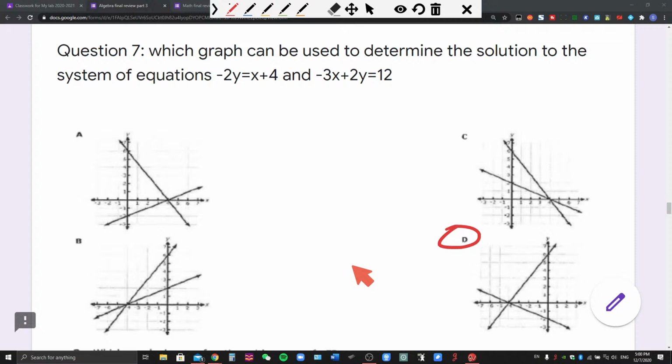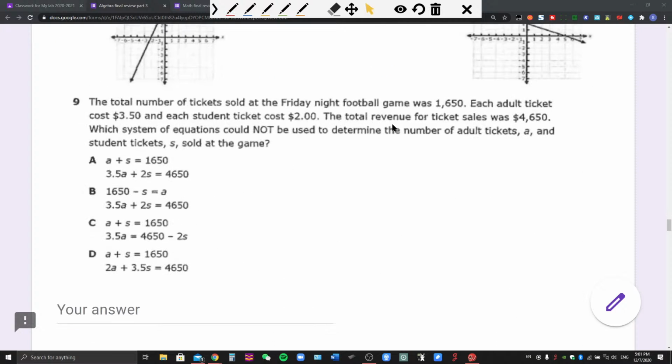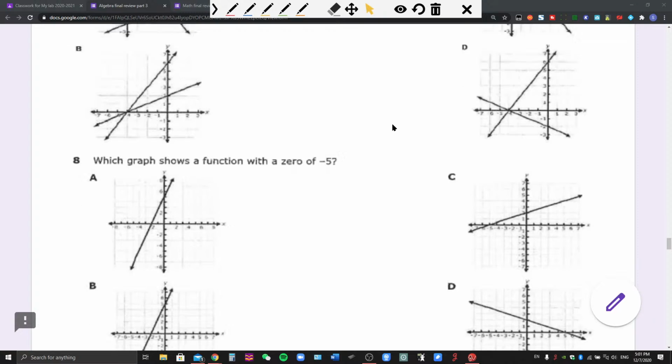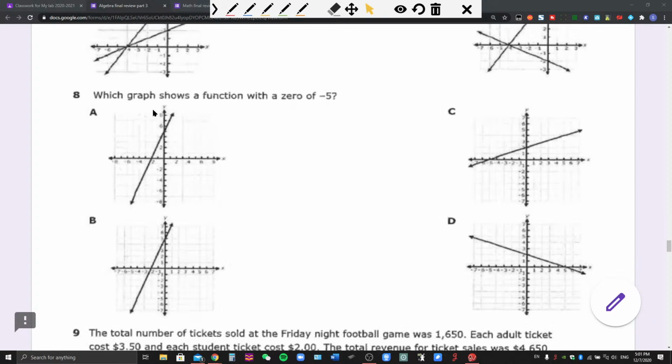Number 8. Which graph shows a function with a 0 of -5? A 0 of -5, that's a funny way of talking about stuff.